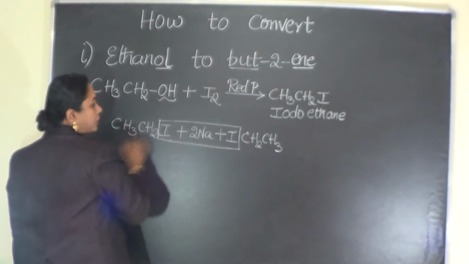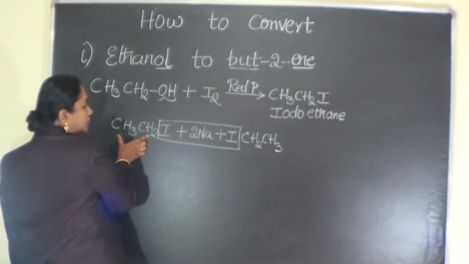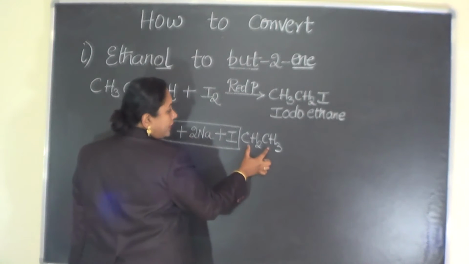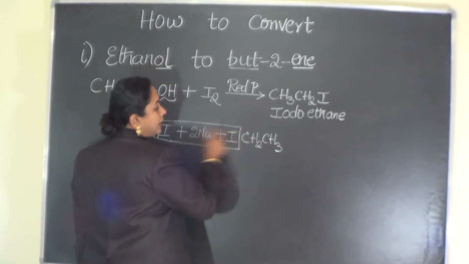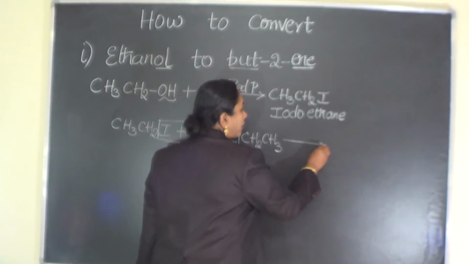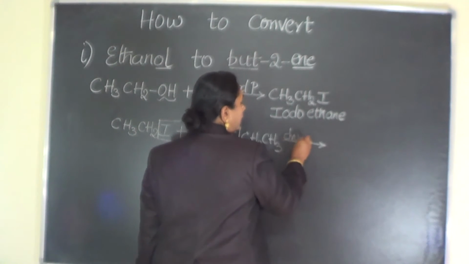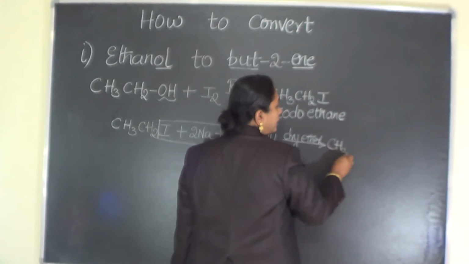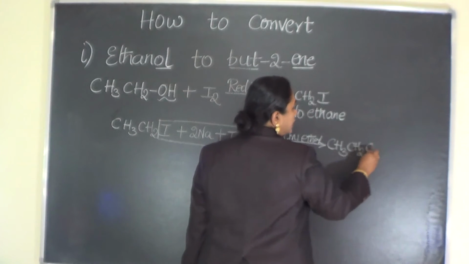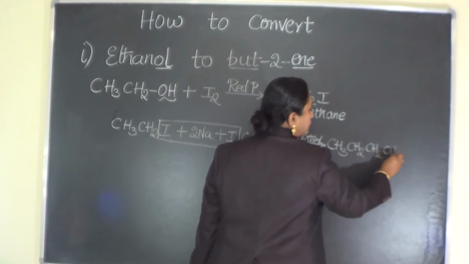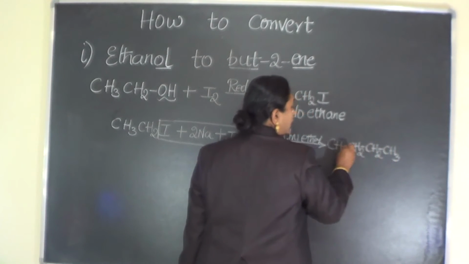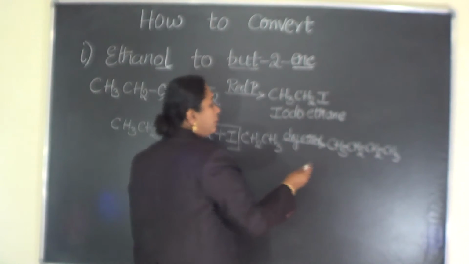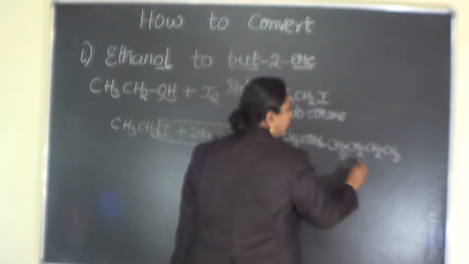So 2 NaI gets removed, then the ethyl group CH3CH2 of one molecule of iodoethane will combine with the ethyl group of the second iodoethane, and this happens in presence of dry ether. Therefore, we end up with the formation of a higher alkane, CH3CH2CH2CH3, all linked by single covalent bonds between carbon atoms. So we landed up with the formation of butane.